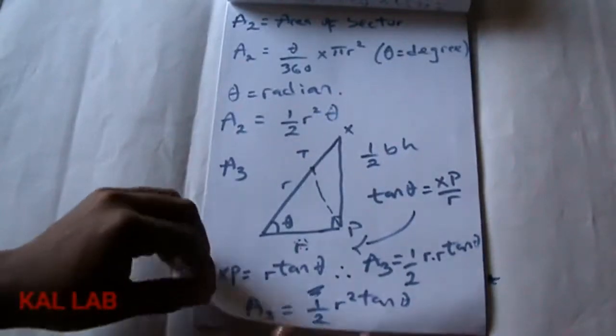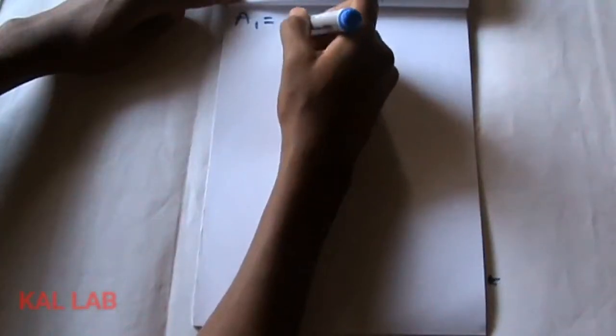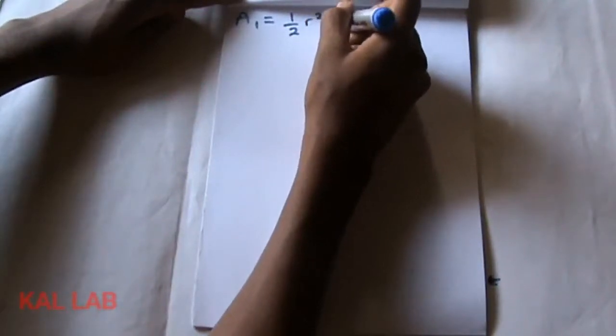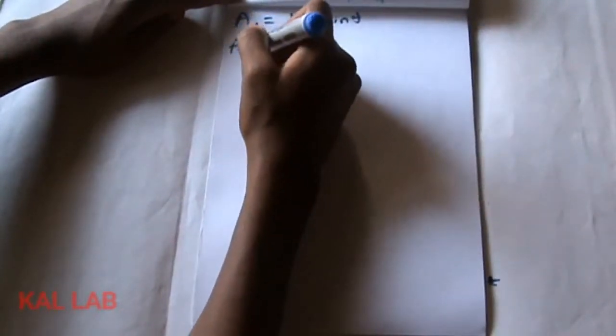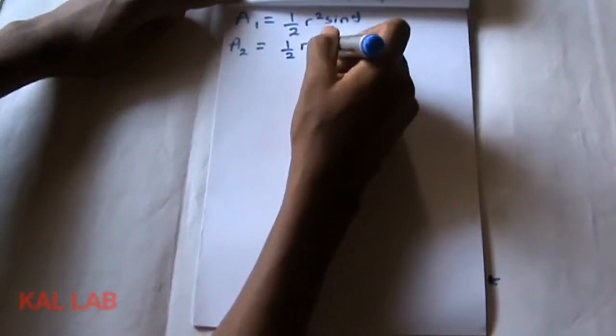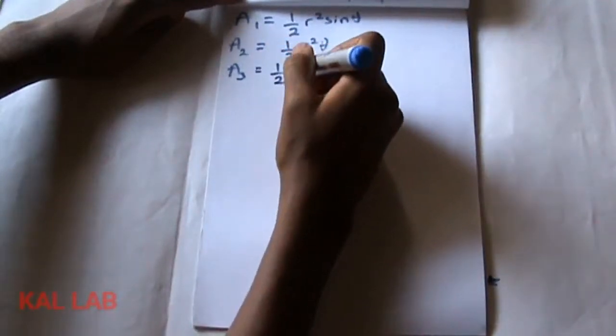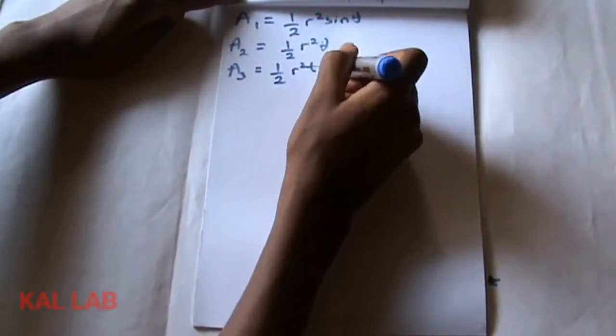So we've established the fact that A1 is equal to 1 over 2 r squared sine theta. A2 is equal to 1 over 2 r squared theta. And finally, A3 is equal to 1 over 2 r squared tan theta.